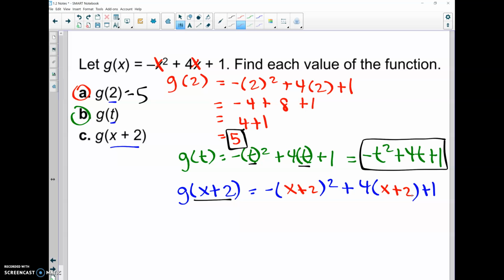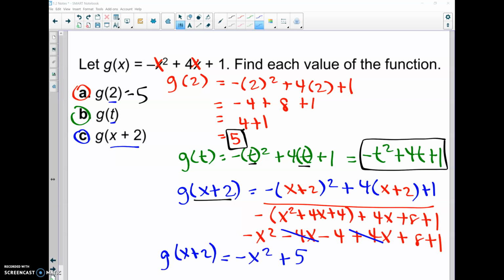All that you have to do now is simplify this using FOIL and the distributive property and combining like terms. So go ahead and do that. Take a minute here and check my work. For g of x plus 2, g of x plus 2 would simplify to negative x squared plus 5.